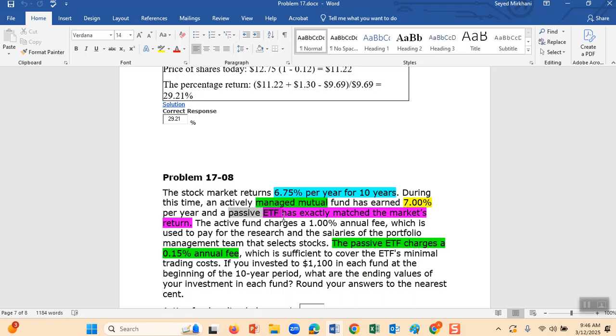It is traded over the exchange. When we say exchange, it means New York Stock Exchange, NASDAQ. However, ETFs are a little different from mutual funds. In many ways they are similar, but sometimes ETFs might be more passive.